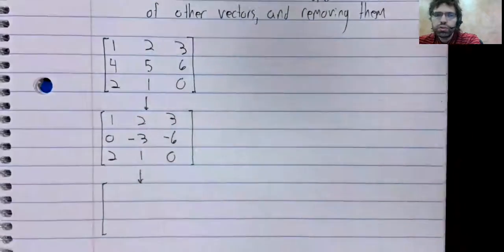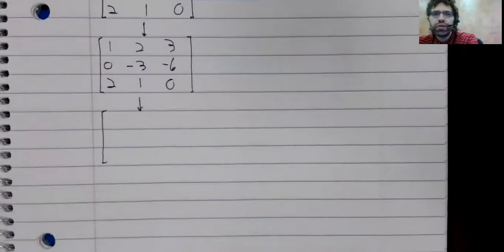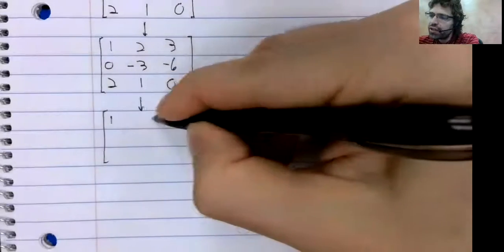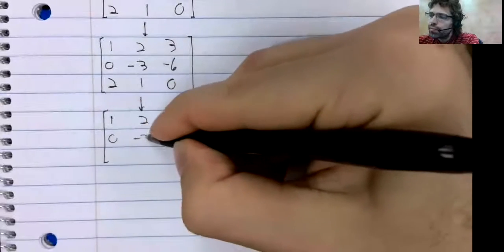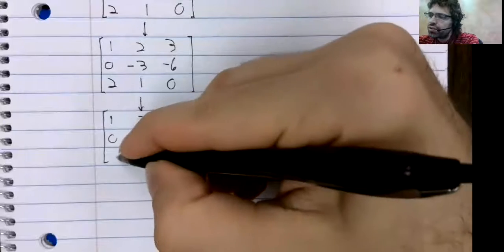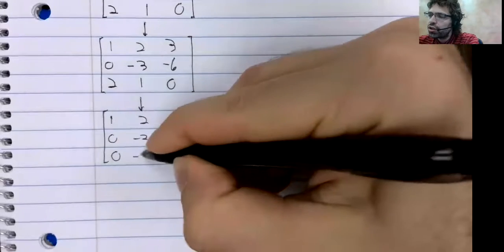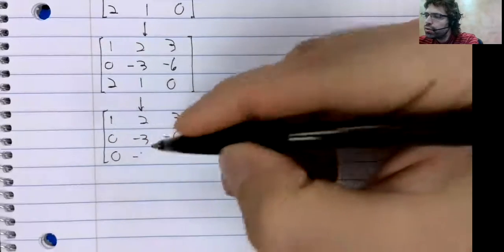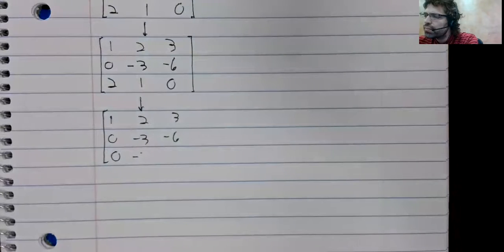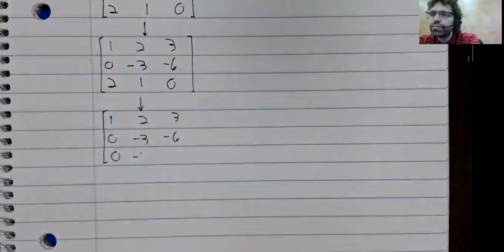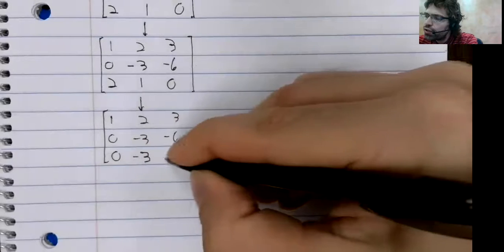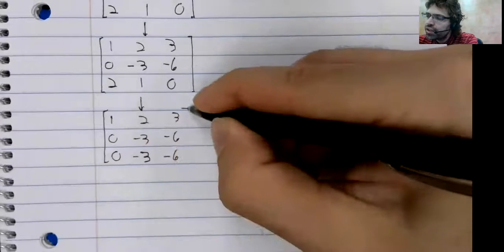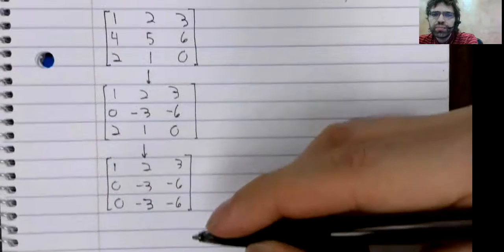Then we'll multiply the first row by -2 and add it to the third row. -4 plus 1, that is -3, -6.